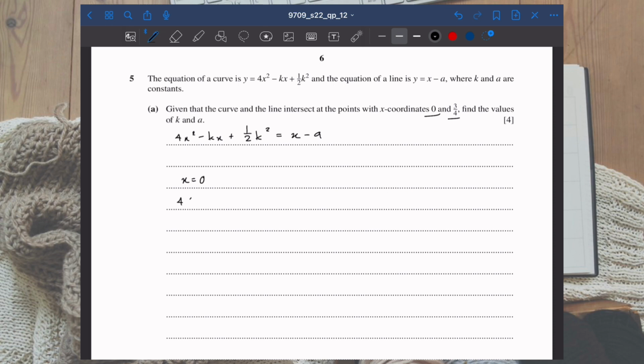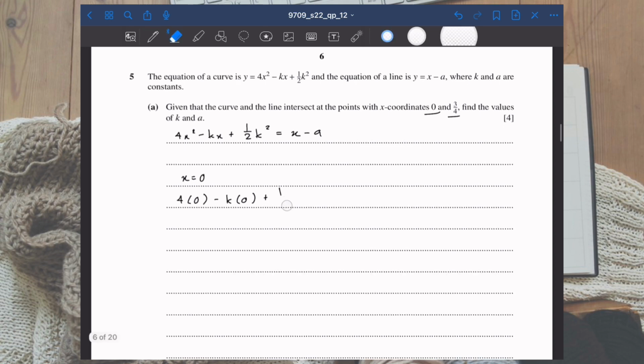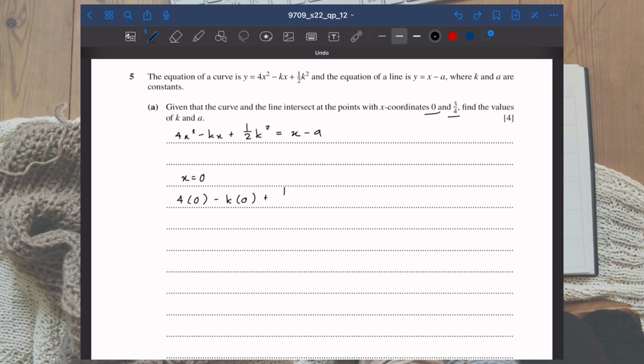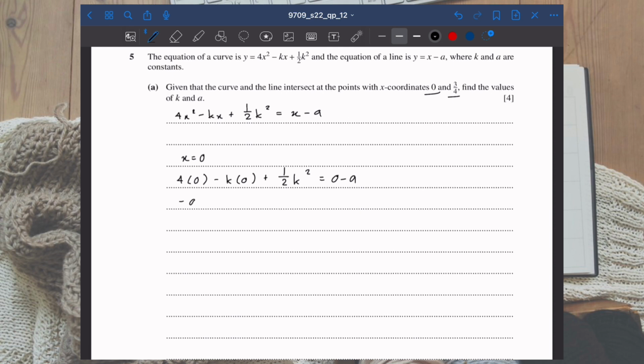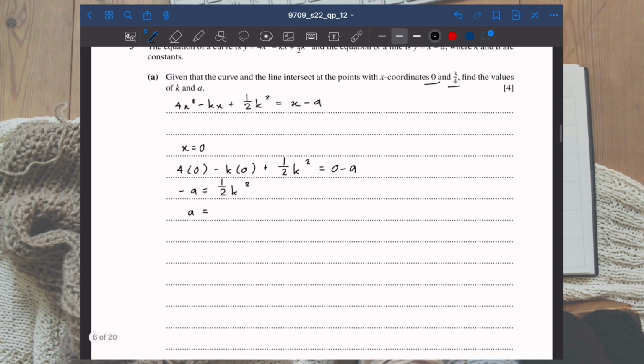Then we'll get 4(0) minus k(0) plus 1 over 2 k squared equals to 0 minus a. So negative a will equal to half k squared, and our a will equal to negative half k squared. So this is our first equation.